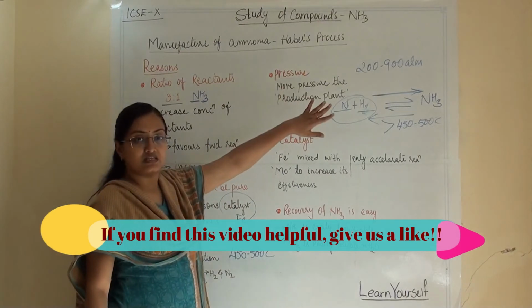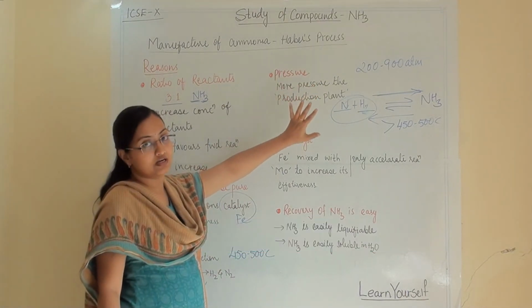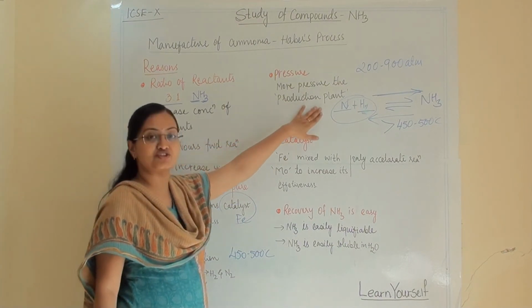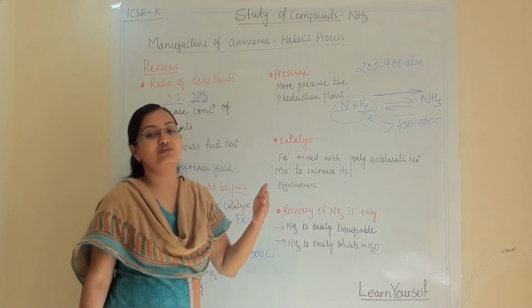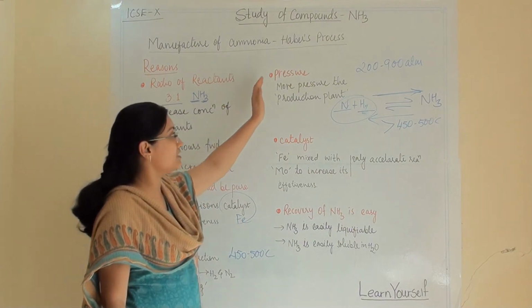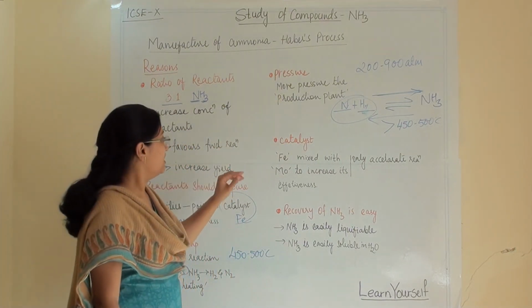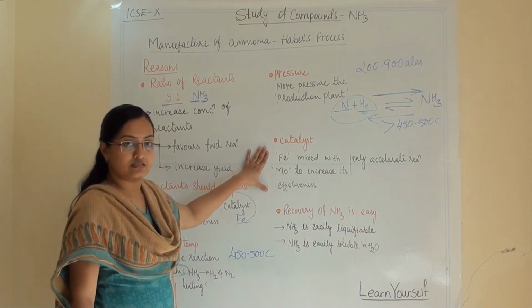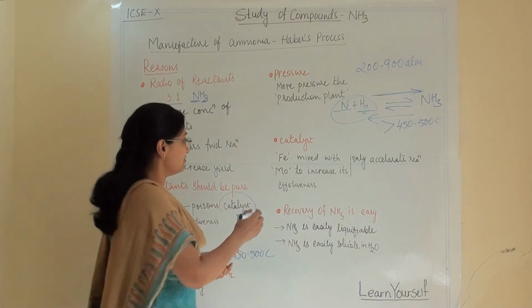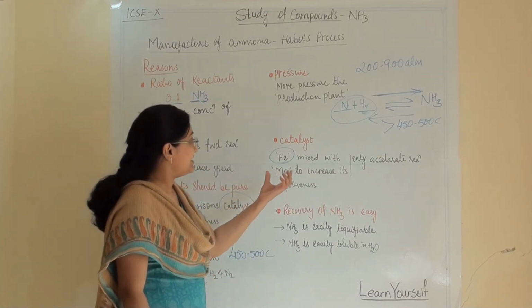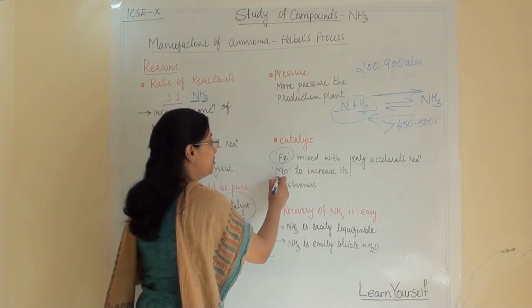This is the optimum pressure condition. If we keep more than this, then our production plant will not withstand it. Now about the catalyst. What catalyst are we using? We are using iron, mixed with molybdenum.